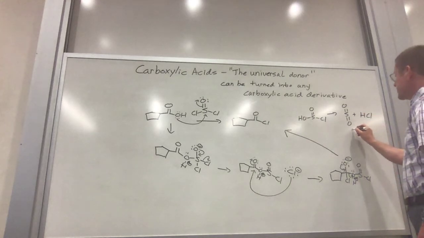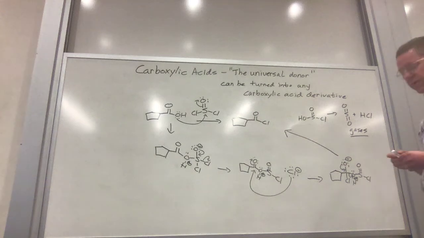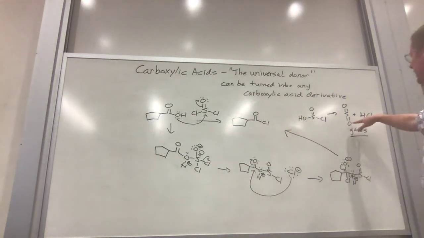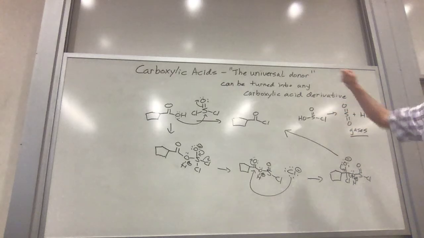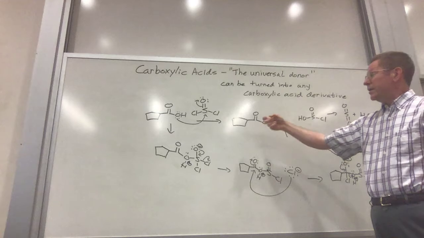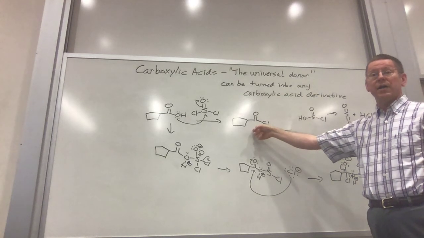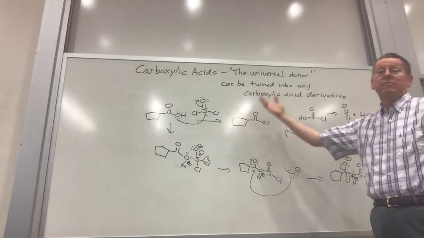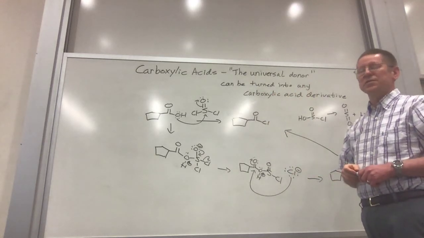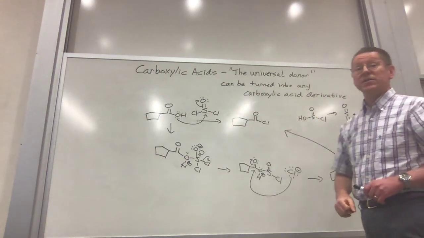Both of these are gases. And so as this reaction runs, actually what we observe is that our byproducts are bubbling out of the reaction as gases, and at the end, we're really just left with a solution of our acid chloride that we can then use as an acid chloride in all kinds of nucleophilic substitution reactions. So that's acid chlorides.